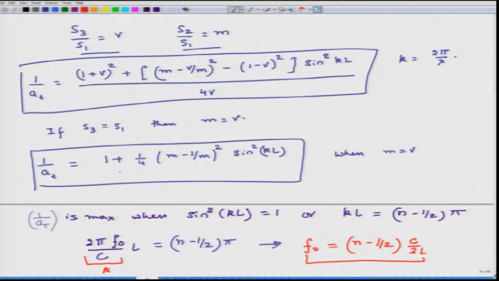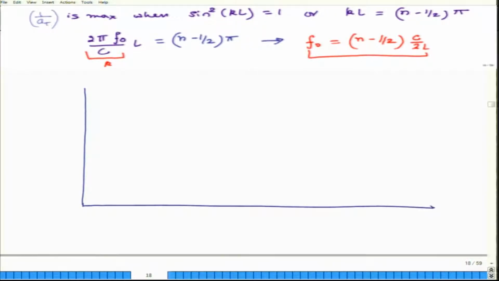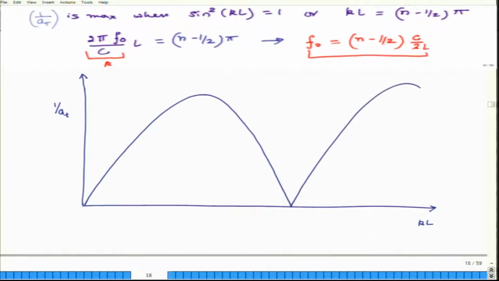And if I plot my transmission loss, so if I plot the parameter 1 over AT, and on the x axis let us say I am plotting k times L, and on the y axis I plot 1 over AT, then I get a curve something like this.